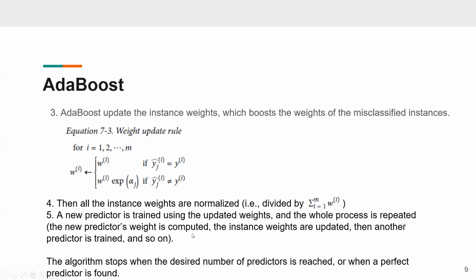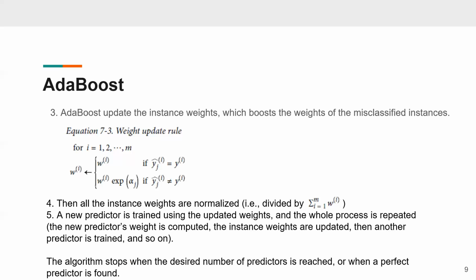The new predictor weight is computed, the instance weights are updated, then another predictor is trained, and so on. Once you continue with all the steps, the algorithm stops when the desired number of predictors is reached, or when a perfect predictor is found.